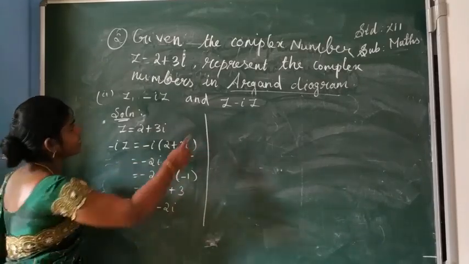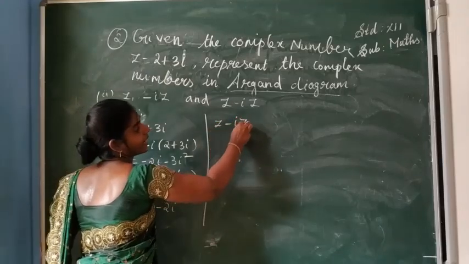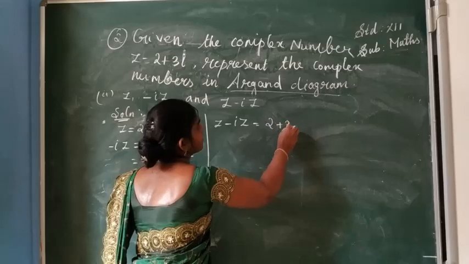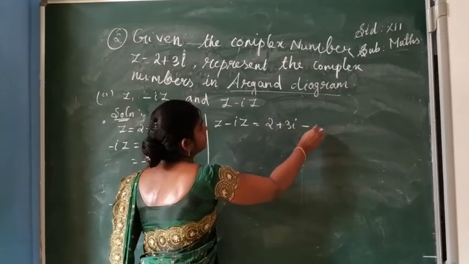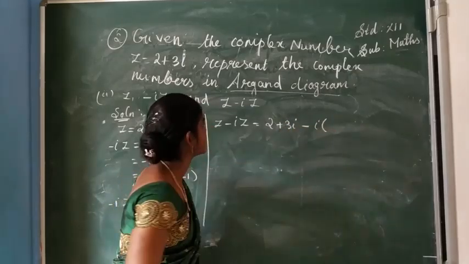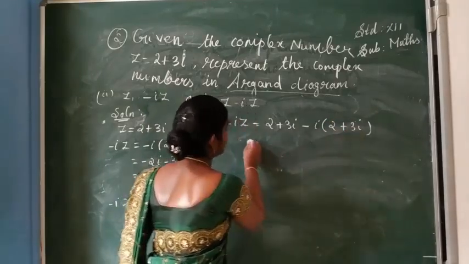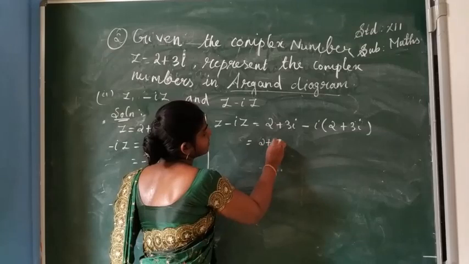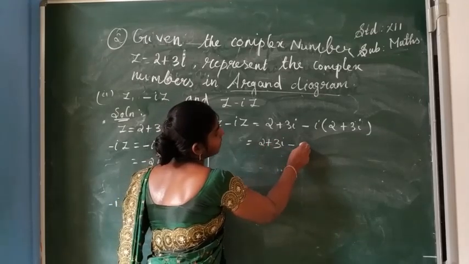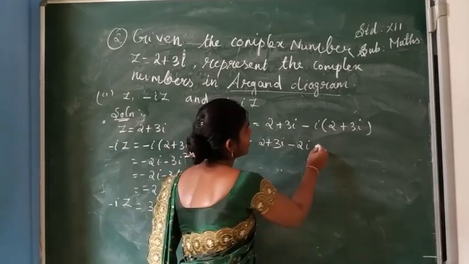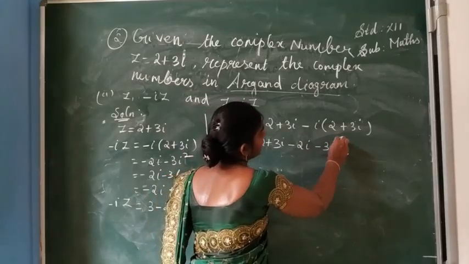Next we have to find Z minus I Z equal to Z value is 2 plus 3I minus I into Z value 2 plus 3I. That's equal to 2 plus 3I minus 2I minus 3I square.